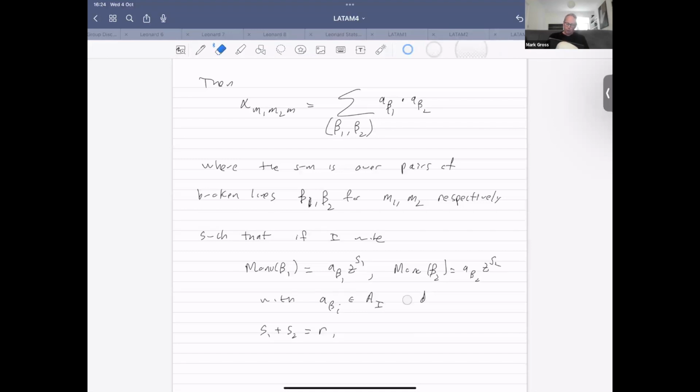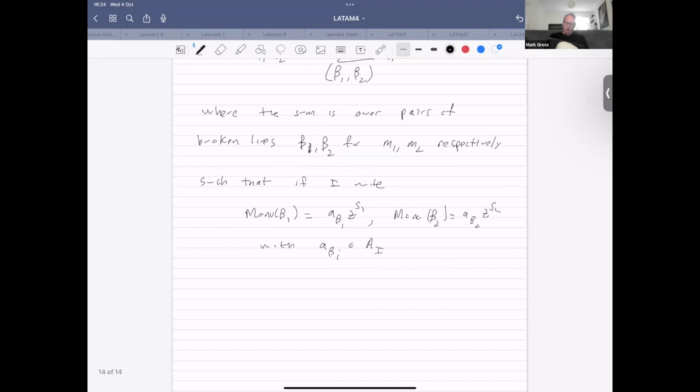So the first part is notation. I'm writing the last monomials attached to the broken line this way. I'm separating the part in ai from the monomial involving the tangent vector to b, and then I require r is equal to s1 plus s2.